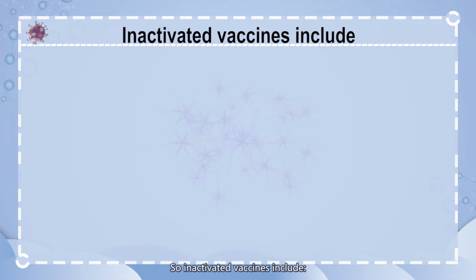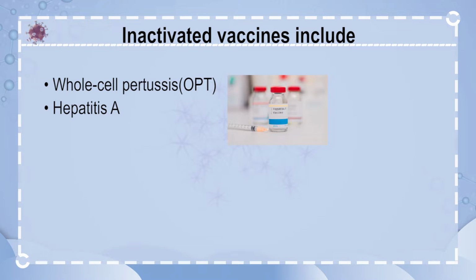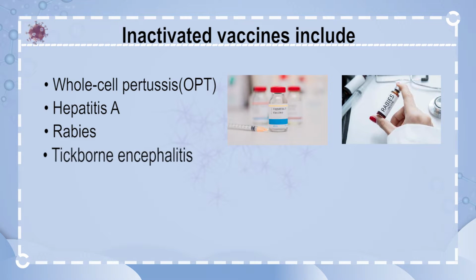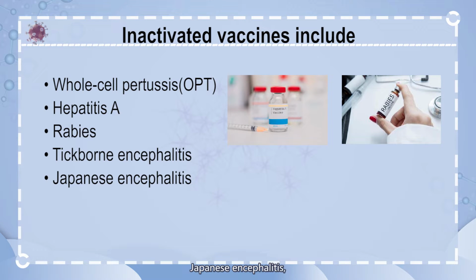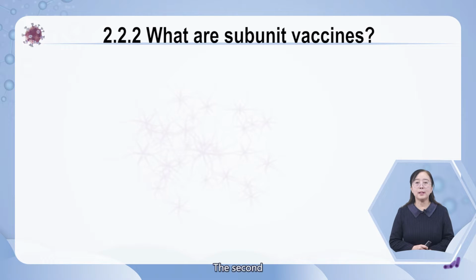Inactivated vaccines include whole-cell pertussis, hepatitis A, rabies, tick-borne encephalitis, Japanese encephalitis, and cholera. They all belong to inactivated vaccines. The second non-live vaccine is the subunit vaccine.